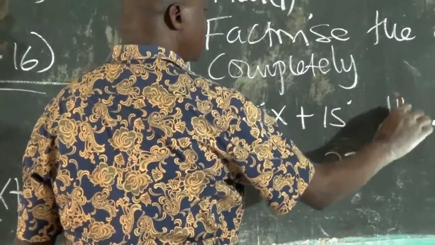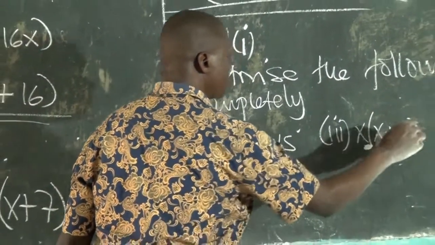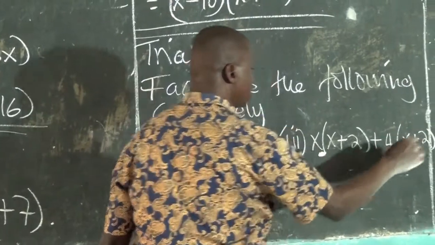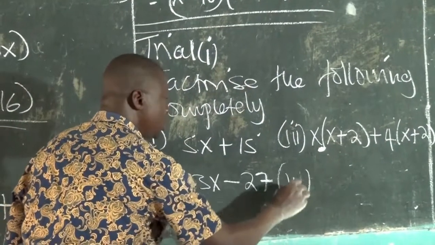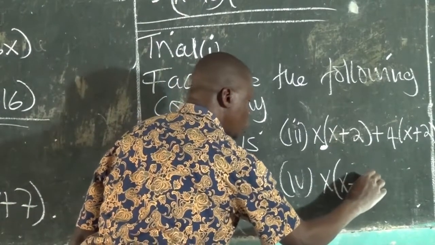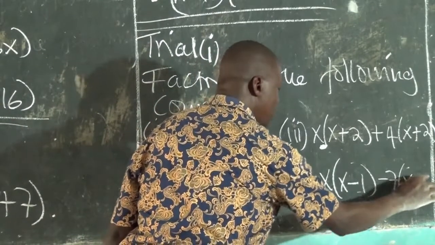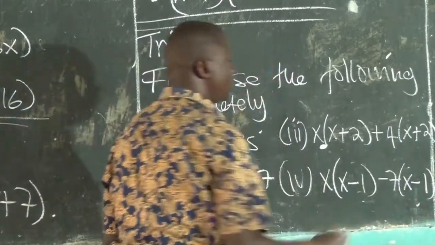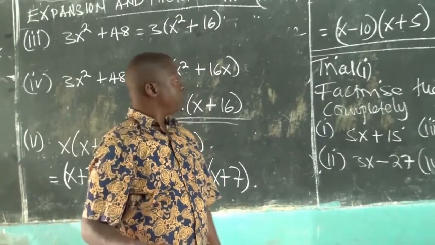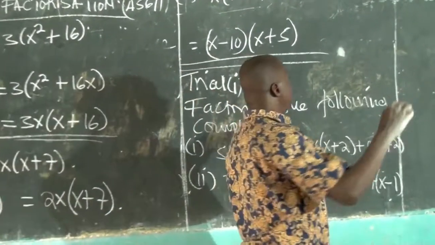Case 3, we have x into x plus 2 plus 4 into x plus 2. Lastly, it is x into x minus 1 minus 7 into x minus 1. Try out that during your free time.